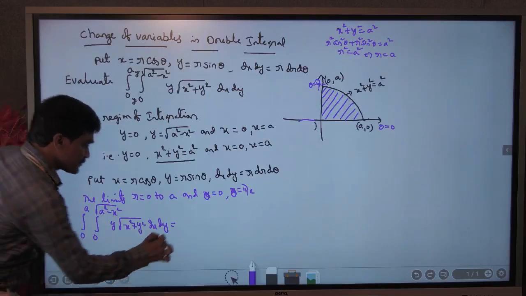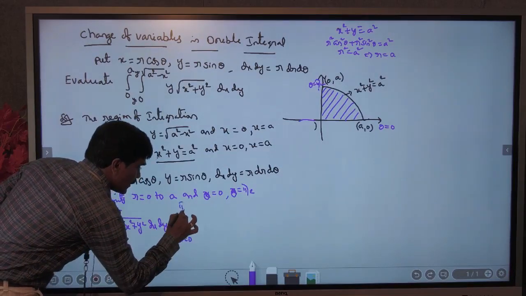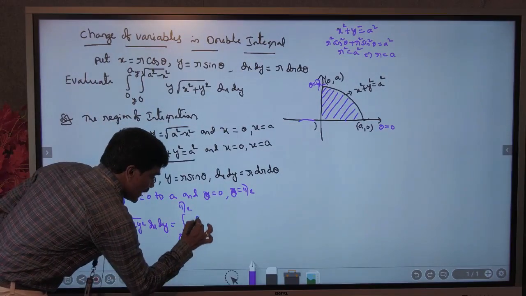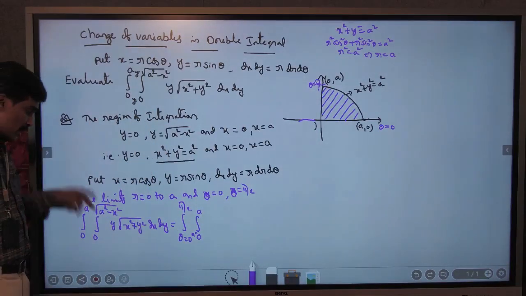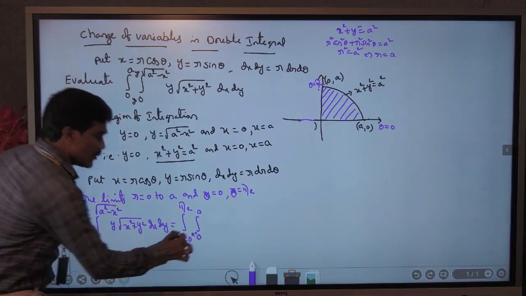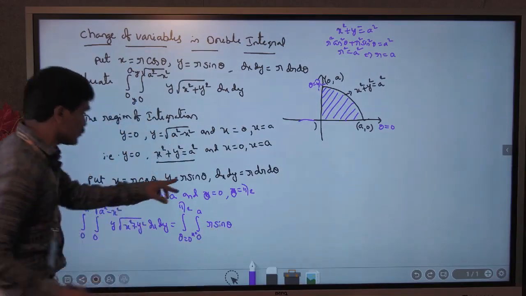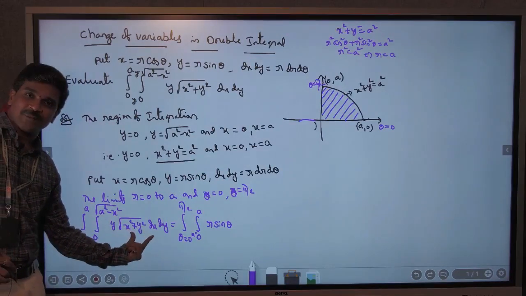Now set theta 0 to pi by 2. Now r varies from 0 to a, right? This is r 0 to a. What is y? Y is r sin theta. Here the substitution is y is equal to r sin theta. Now the square root of x square plus y square.